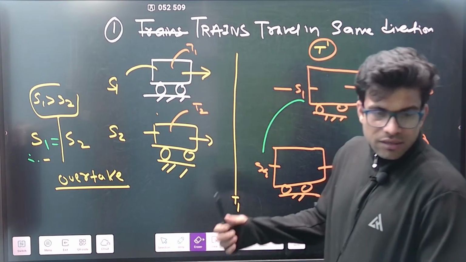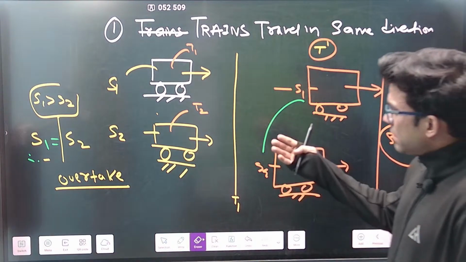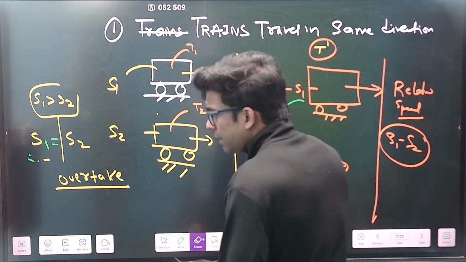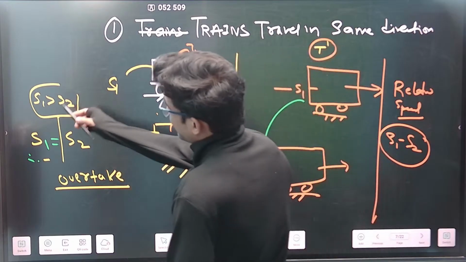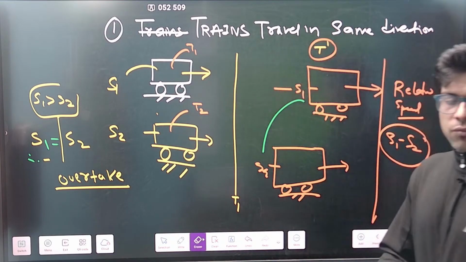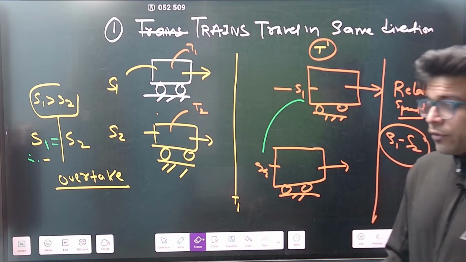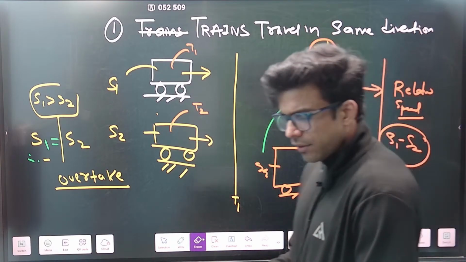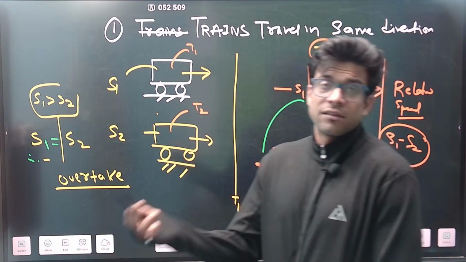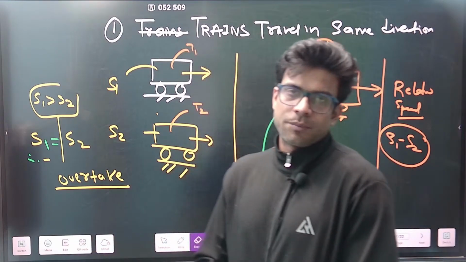But this would not be a good scenario, right? Whenever someone says S1 is greater than S2, what will happen? If you're moving on a bike and your friend is moving on a bike, you will both have different speeds. Either you will have a greater speed than your friend, or your friend will have a greater speed than you.